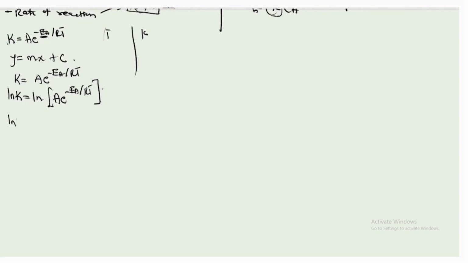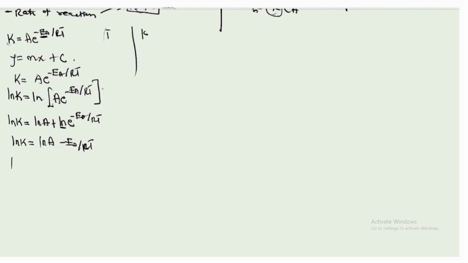So ln K is equal to ln A plus, since when we are multiplying, it means that we are adding, ln A plus ln exponential negative EA over RT. Then we get ln K being equal to ln A minus EA over RT. Right? Because ln is the inverse of exponential. So when they meet, they cancel out, and you're left with the exponential term.